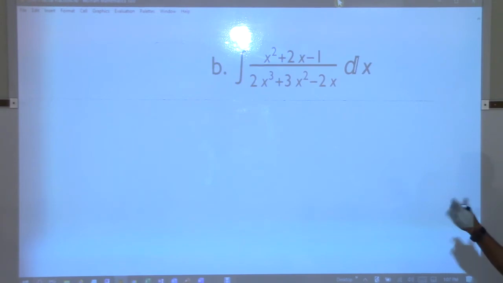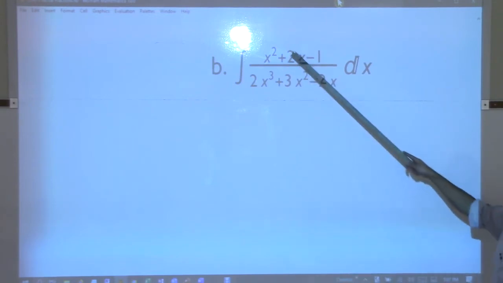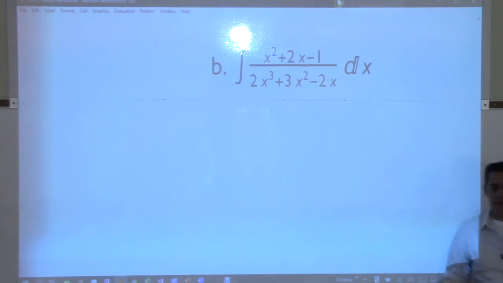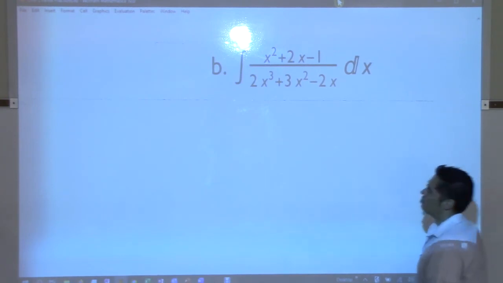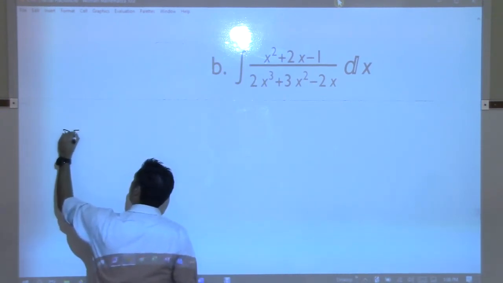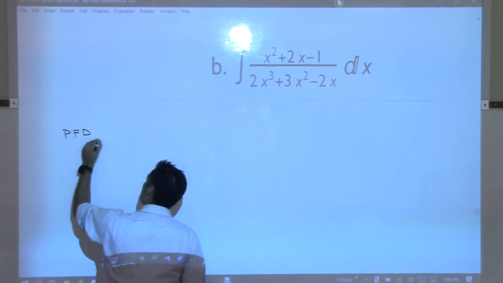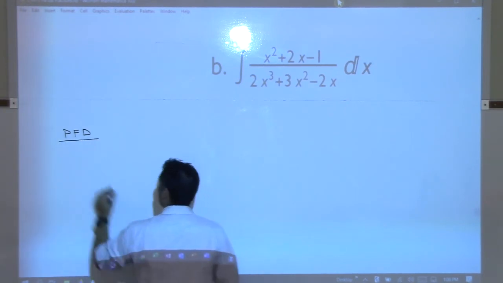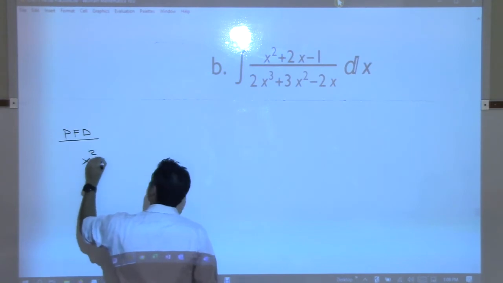We compare the numerator and denominator. Here, the numerator's degree is 2 and the denominator's is 3, so do we have to do long division? No. So we try partial fraction decomposition on the expression.